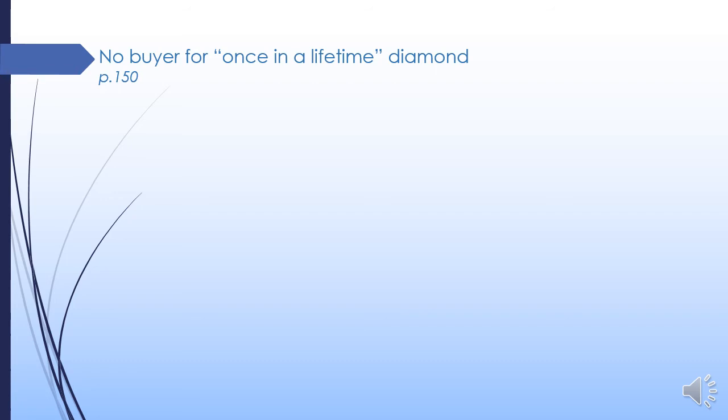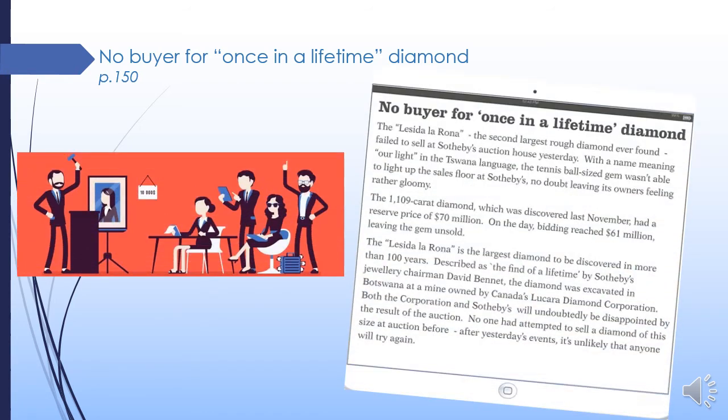No buyer for once-in-a-lifetime diamond, page 150. Let's read this news report together. The Lesedi La Rona, the second largest rough diamond ever found, failed to sell at Sotheby's auction house yesterday. With the name meaning our light in the Setswana language, the tennis ball sized gem was not able to light up the sales floor at Sotheby's, no doubt leaving its owners feeling rather gloomy.